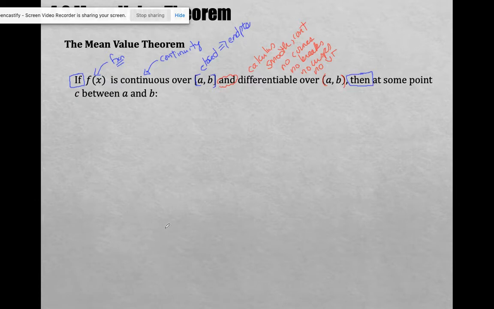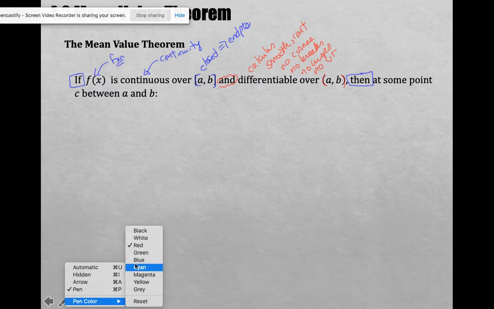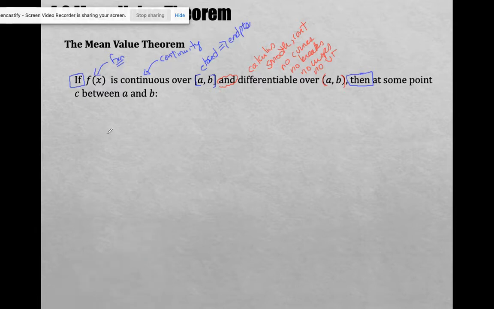Then, if you satisfy all four of those conditions, function, continuous, on a closed interval, and on the open interval you are smooth, no corners, no breaks, no cusp, no vertical tangent, then there is some point C, which is a domain value.